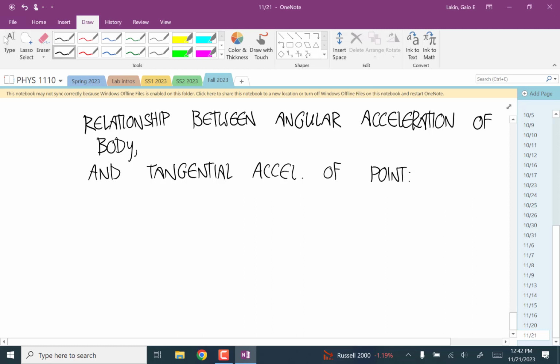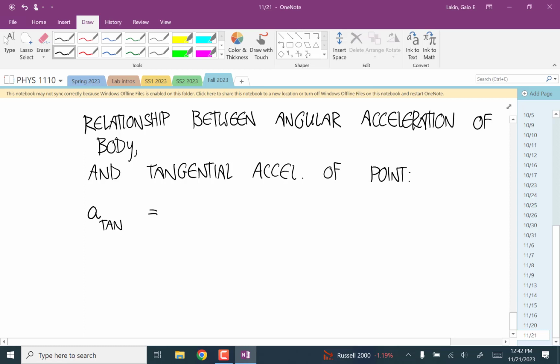The relationship is that the magnitude of the tangential acceleration, if we included direction it would have a vector symbol over it, is equal to capital alpha times r.